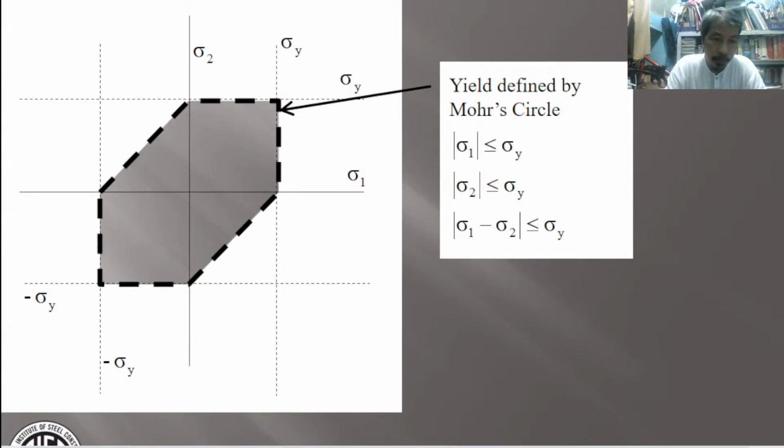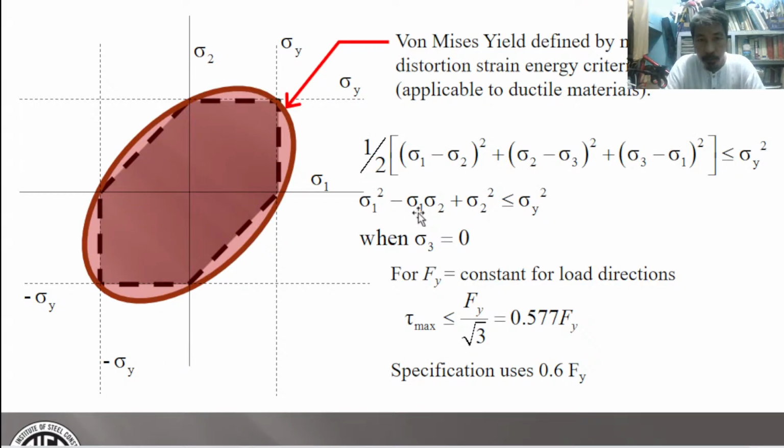Then von Mises yield is defined by maximum distortion strain energy criteria. There are several models; this is one model. It is applicable for ductile material.